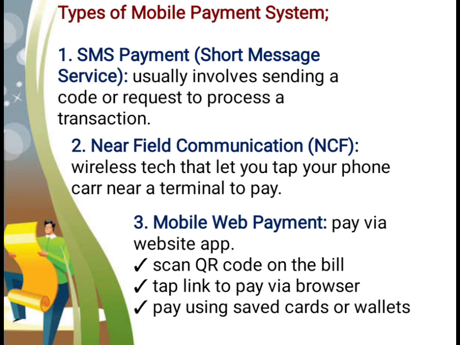It usually involves sending a code or request to process a transaction. Second one is near field communication or NFC. It is wireless technology that lets you tap your phone or card near a terminal to pay. Third one is mobile web payment. It is paying via a website or app, scanning a QR code on the bill, or tapping a link to pay via browser. And the last one is paying using saved cards or wallets.